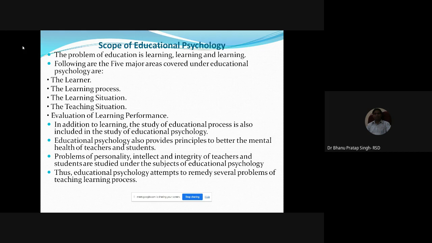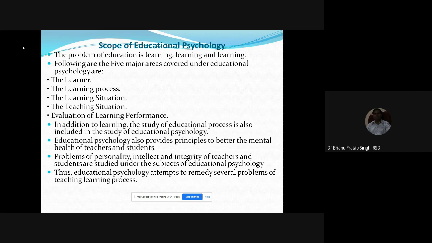It means the chief problem of educational psychology is learning only: how it should take place, by which method it should be inculcated among the child. The basic problem of education is learning, and the answer is given by educational psychology.